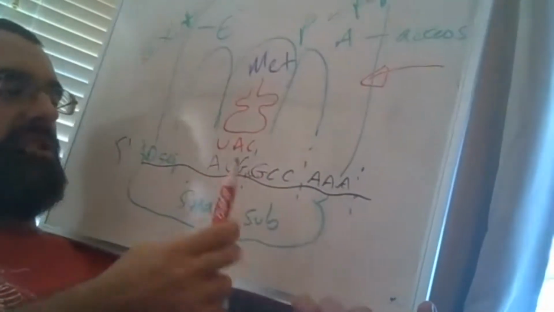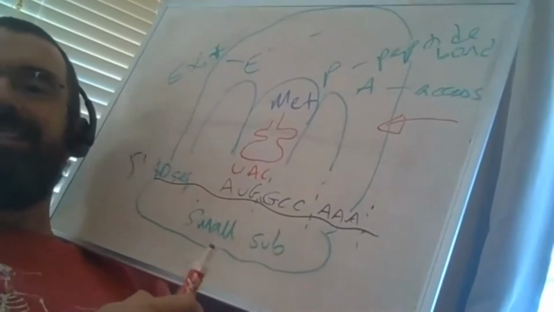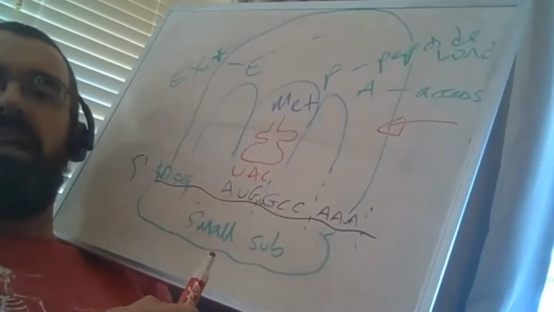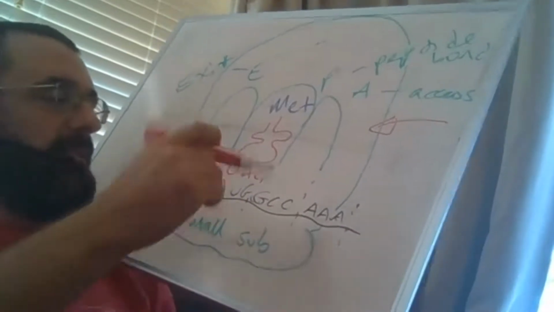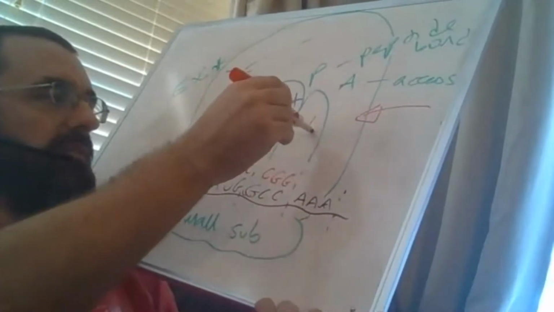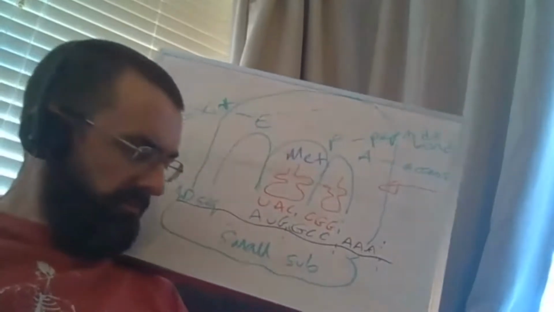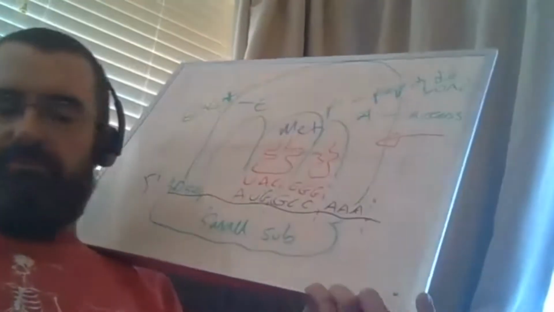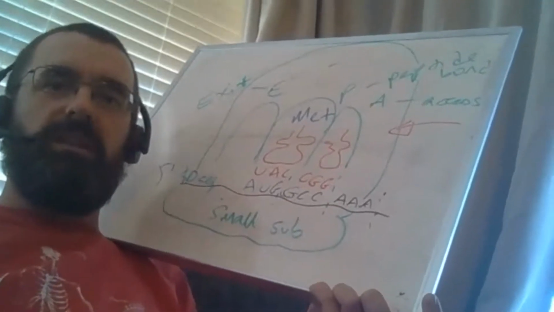So if this is GCC, question for the class, what's the anticodon going to be for the next tRNA? Damn, that's fast. So it's going to be CGG, whatever that is. Oh, I'm going to actually have to look it up now. Give me a second.